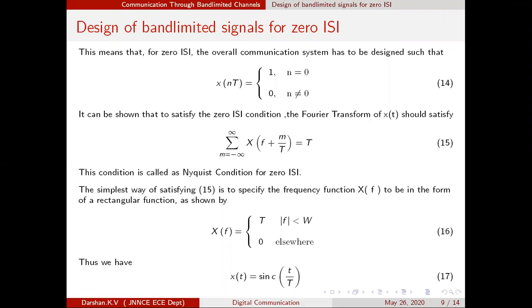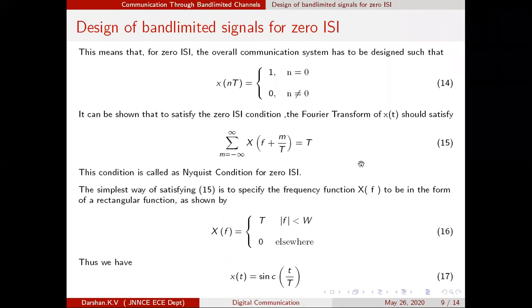Then what should be the Fourier transform of x of t? The x of f is the Fourier transform, that's true, but it should satisfy this particular condition. If both equation 14 and 15 are satisfied, then you have zero ISI.